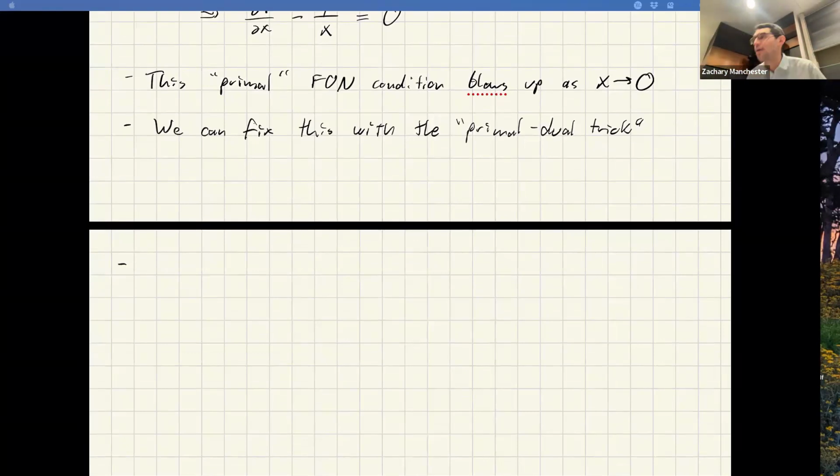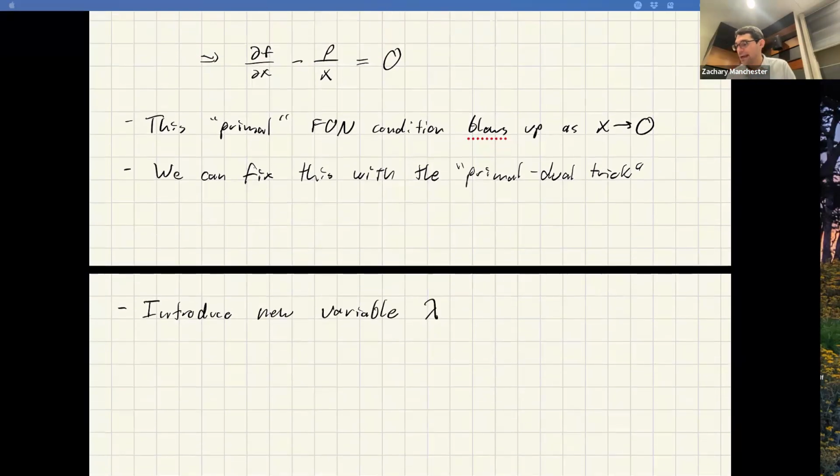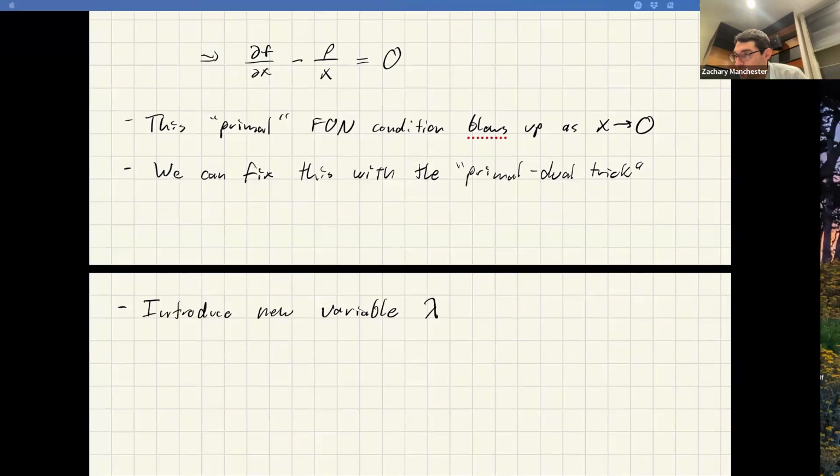And it turns out it's going to become like a Lagrange multiplier. But it's not obvious at first that it is that. So we're going to introduce this new variable lambda, and I'm going to set it equal to that second term in my first order necessary condition. So I'm going to set it equal to rho over x.